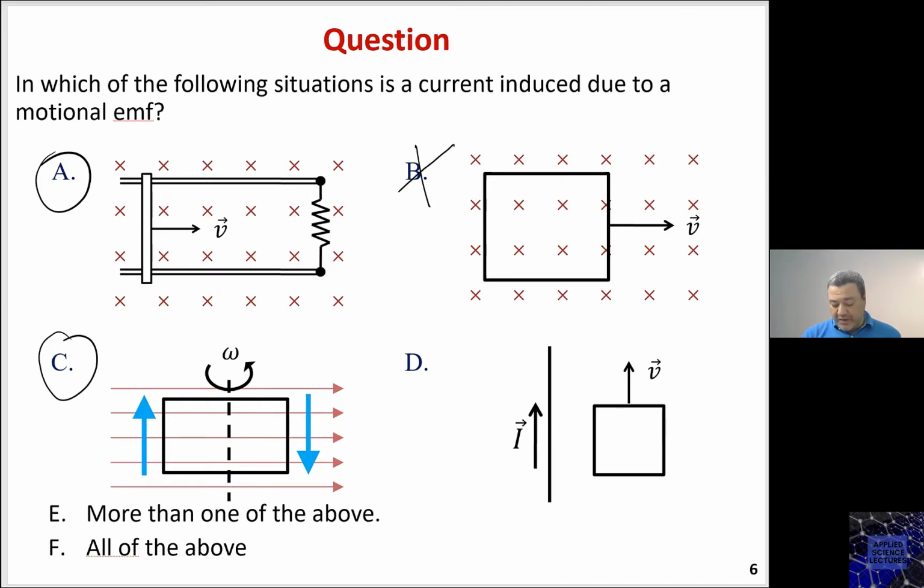In case D as well, I have this loop that is moving along the wire, which means that the magnetic flux is not changing because the magnetic field is not changing in this case. So I don't have an induced or motional electromotive force. So only A and C are giving me motional electromotive force. B and D are not inducing any current.